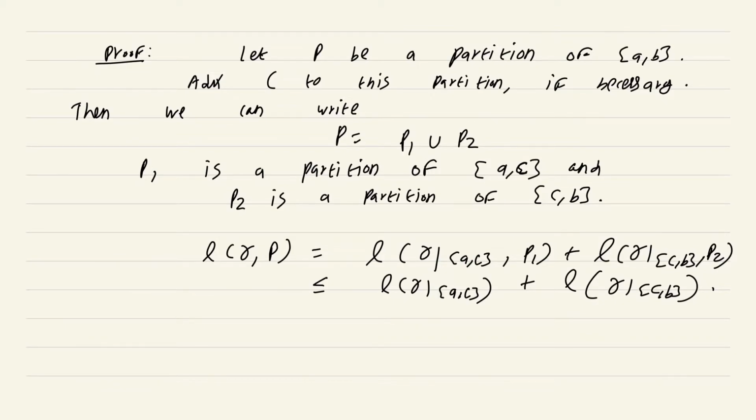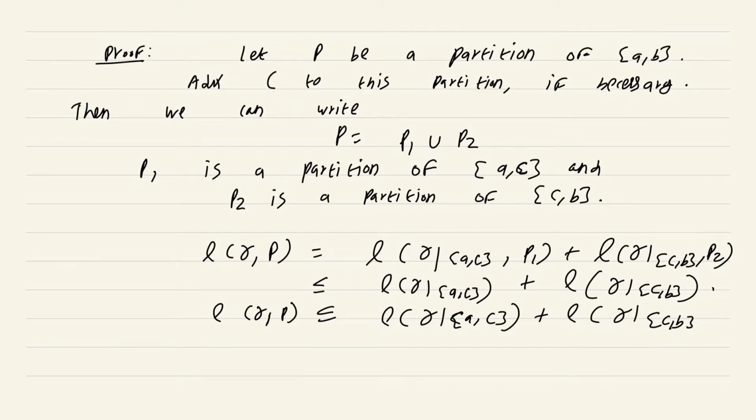So this shows that the length of gamma with respect to P is less than or equal to the length of gamma restricted to [A, C] plus the length of gamma restricted to [C, B]. So you can take the supremum on the left over all partitions P to conclude that the length of gamma is less than or equal to the length of gamma restricted to [A, C] plus the length of gamma restricted to [C, B]. So that's one side.